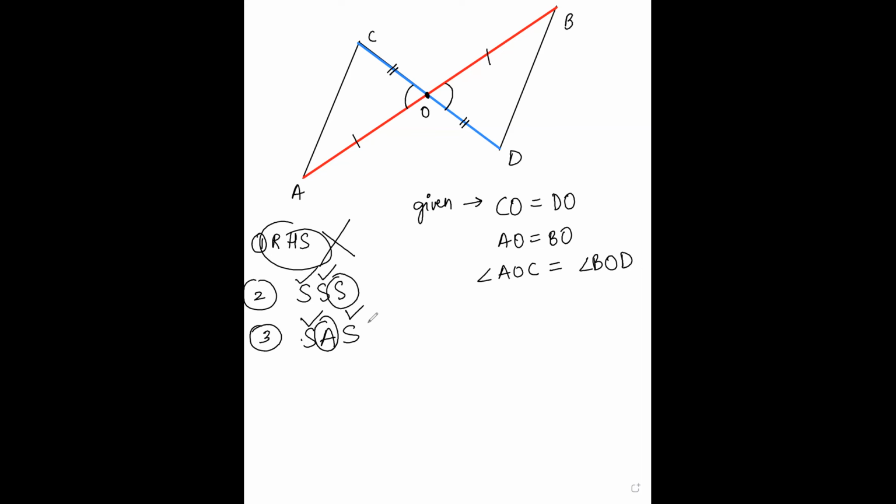Okay. So we have written the 3 pairs of equal parts. This is the first part of the 4th question in Try These, page number 144. Okay, done.